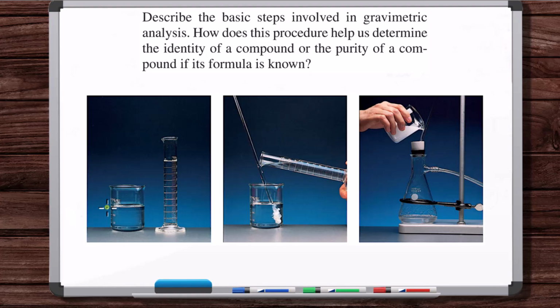You don't need to record this. All that matters is you precisely weighed out the total mass of the unknown compound that was dissolved. Then you're going to have this other solution, shown here in this cylinder, this other aqueous solution that has some other ionic compound dissolved, and you're going to know exactly what ionic compound is dissolved.